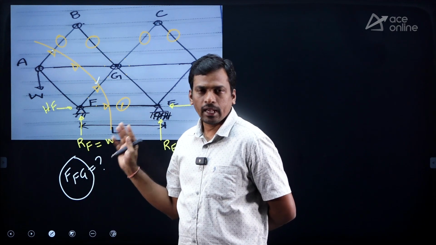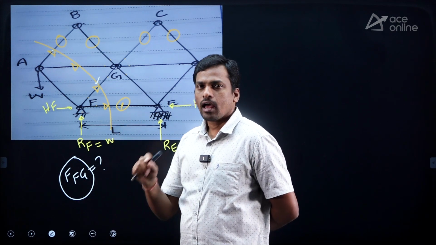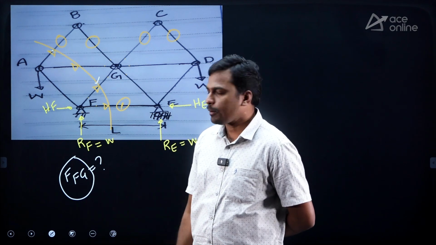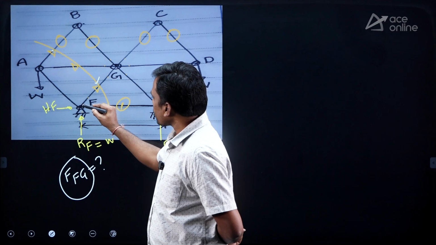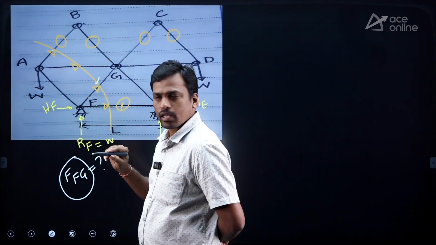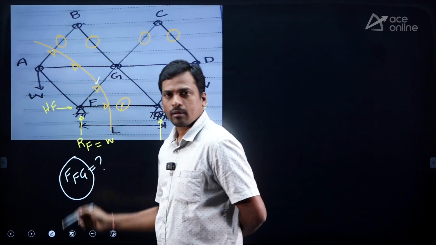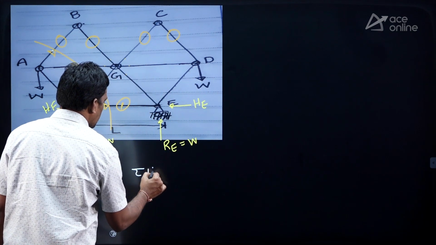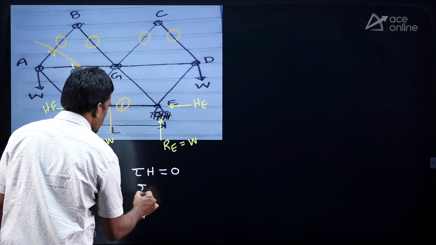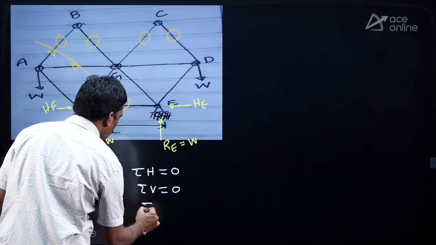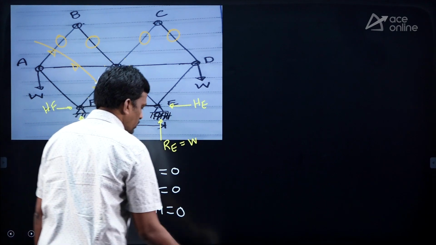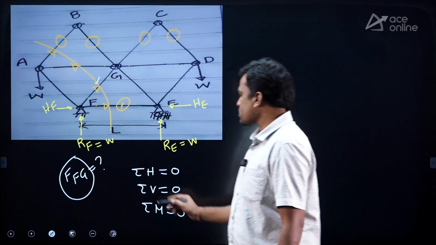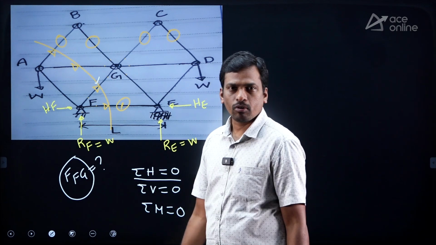Then after that I told you to apply preferable equilibrium equations. What are the preferable equilibrium equations? We have to find the force in member FG, which is an inclined member. For an inclined member, the preferable equilibrium equations are sigma h equals 0, sigma v equals 0 and sigma m equals 0. First we will apply sigma h equals 0.